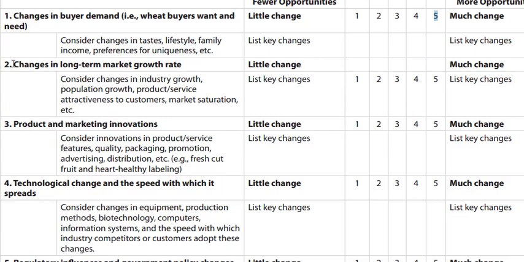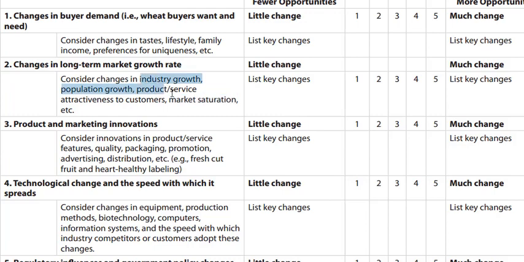Secondly, we have to talk about changes in the long-term market growth rate. We will answer how many changes there are in industry growth, population growth, product and service attractiveness to customers, and market saturation.